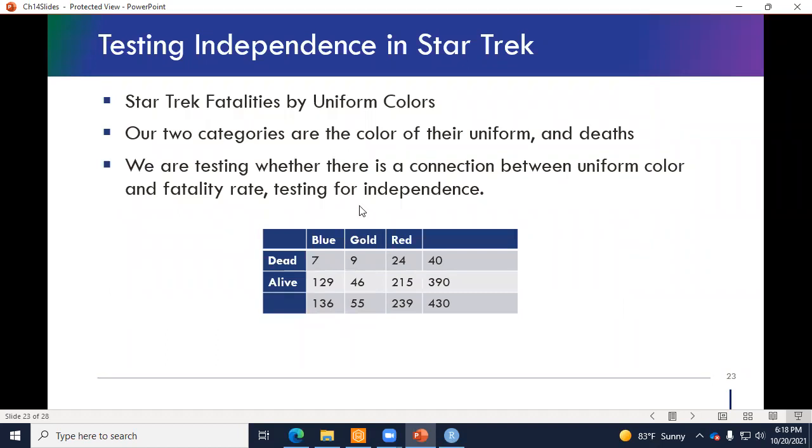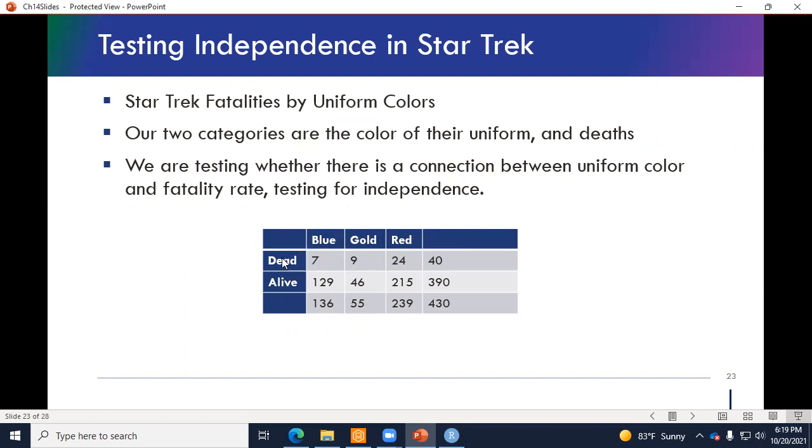Let's look at an example here: testing independence in Star Trek. The Star Trek fatalities by their uniform colors. We have two factors: fatalities, whether dead or alive, and different uniform colors, blue, gold, and red.